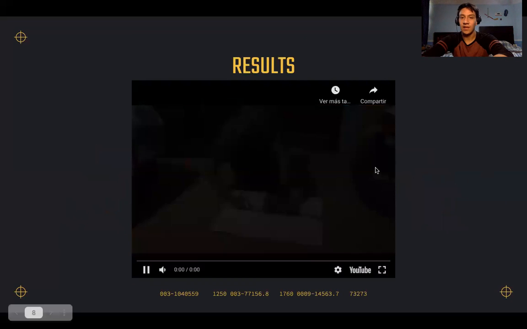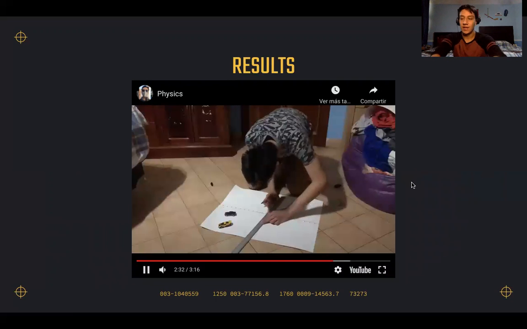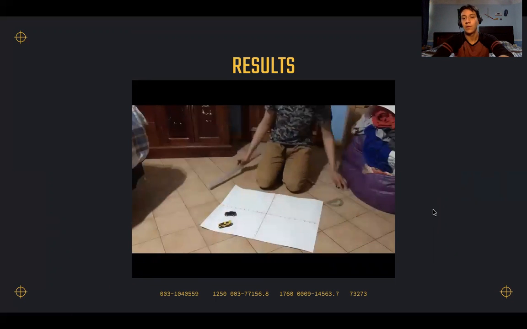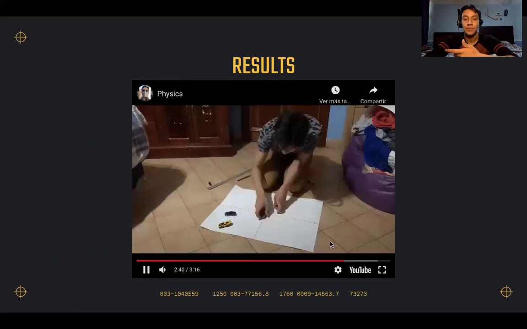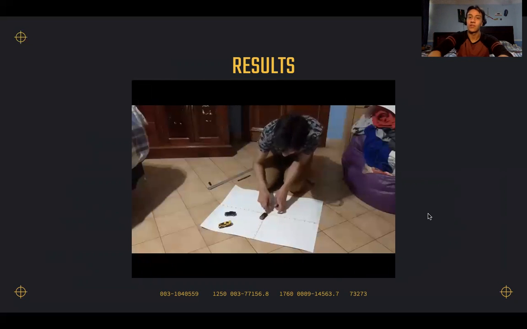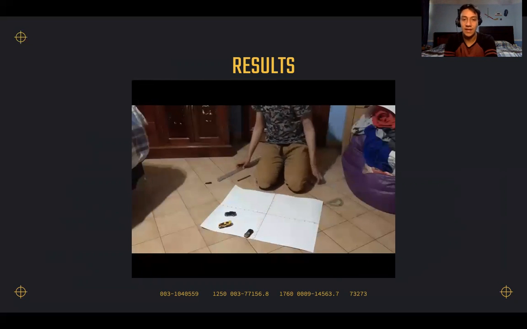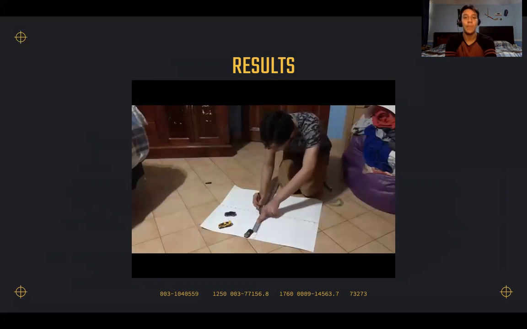Here we can see a little bit of my data gathering process. As I mentioned, I drew a Cartesian plane on a white piece of cardboard, and I pushed 3 toy cars at different angles, which you can see there. I drew a different route for each car based on a different angle, which I measured with my protractor.